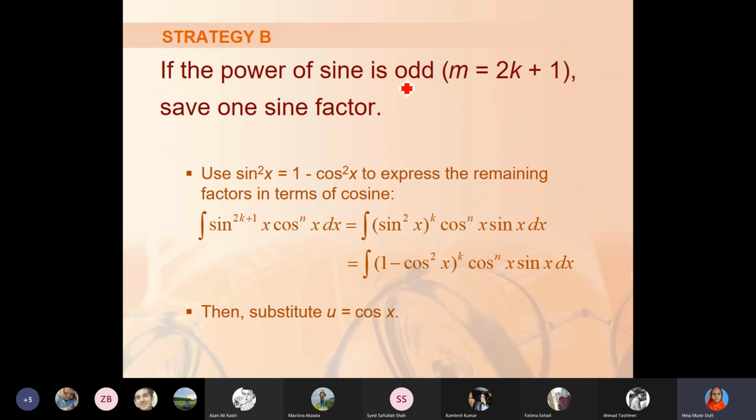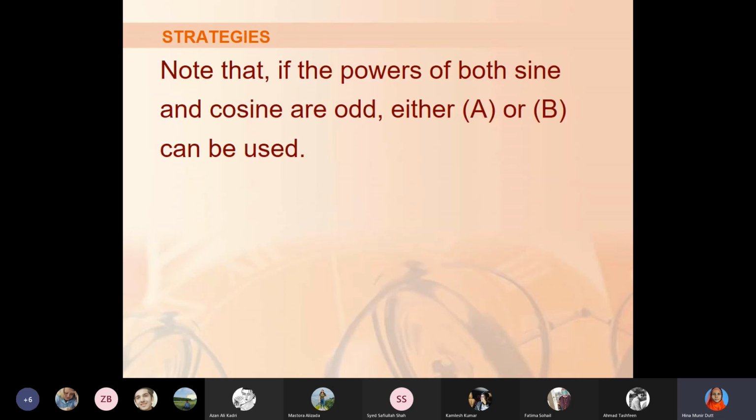And if the power of sine is odd, save one sine factor, separate one sine factor, and convert the rest of the factors in terms of cosine. Then use the substitution and integrate it simply.